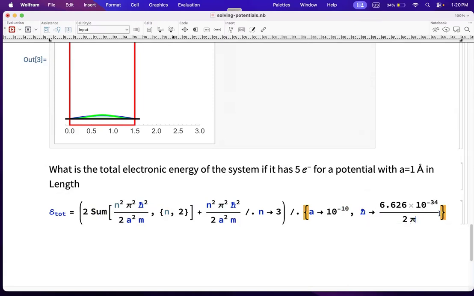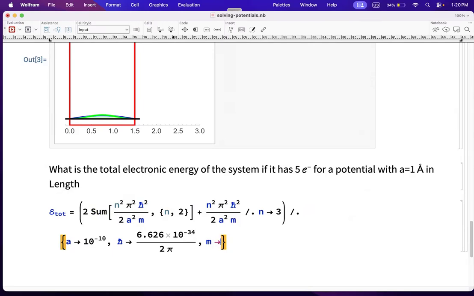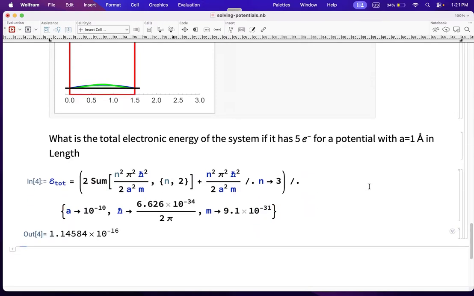And m, the mass of the electron, is 9.1 times 10 to the minus 31 kilograms. So this is in joules. This will be the total energy in joules.